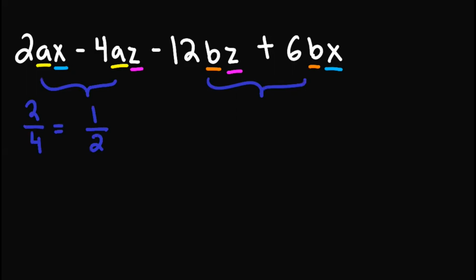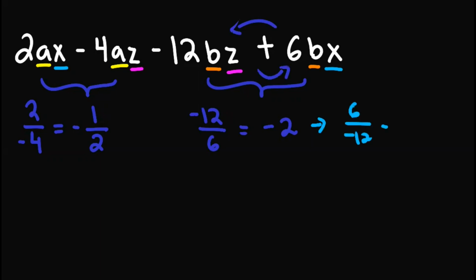On the other hand, we have -12 over 6, which is -2. So it doesn't match. But observe that if we switch the places of these two, then this ratio would also be reversed. So it will become 6 over -12, which is -1/2. So it now matches with this one.